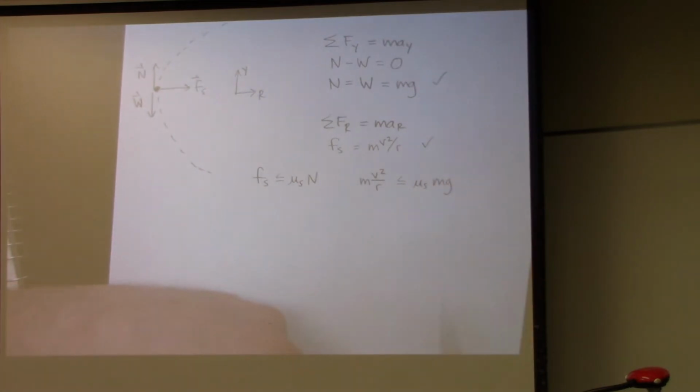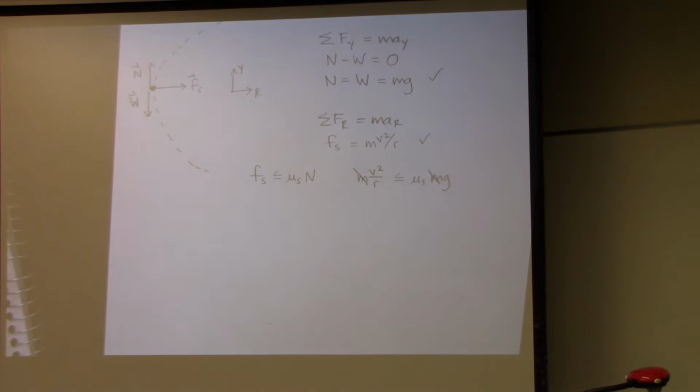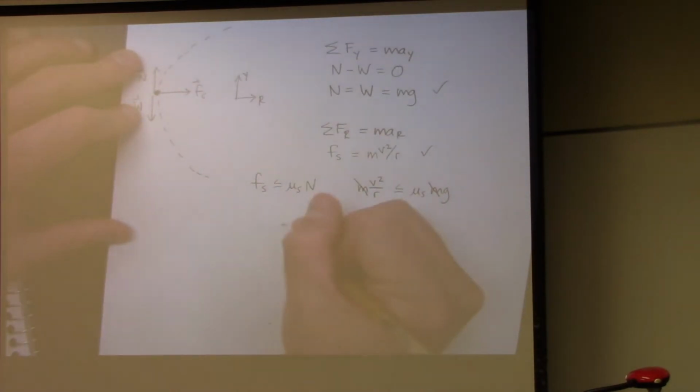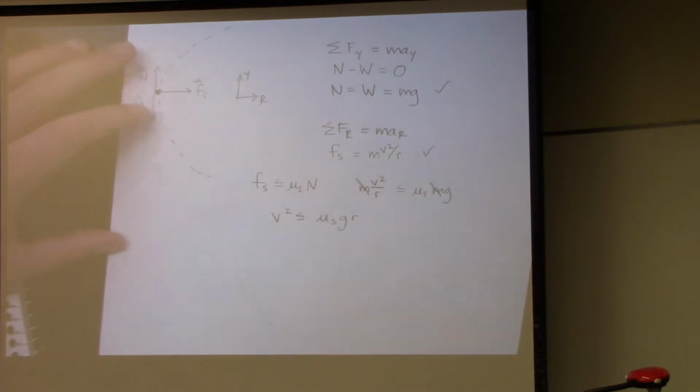Now I'm going to cancel out the mass, and then multiply on both sides by r. So I'll have v squared less than or equal to μs times g times r.